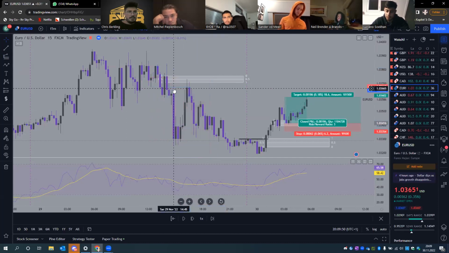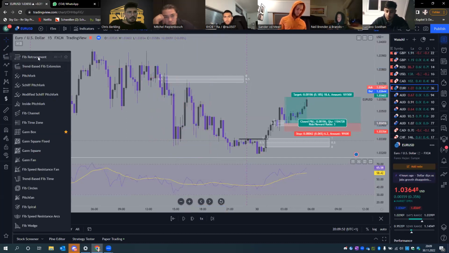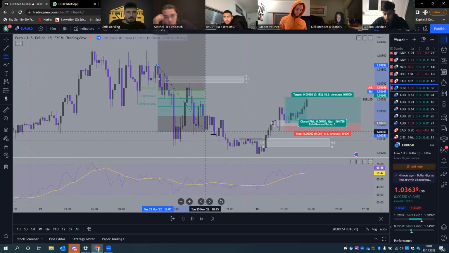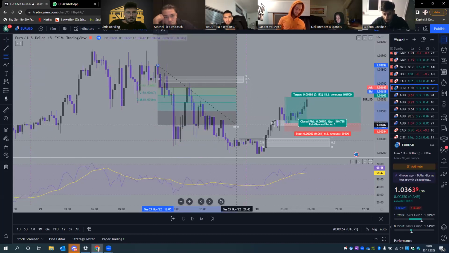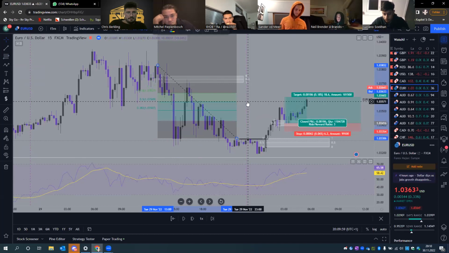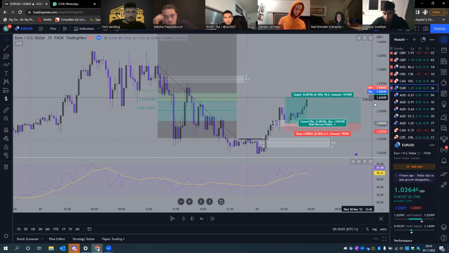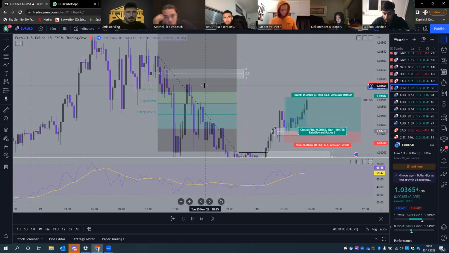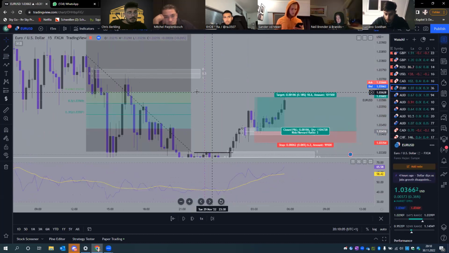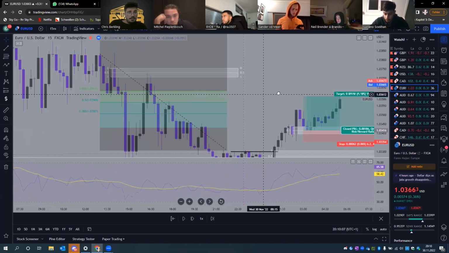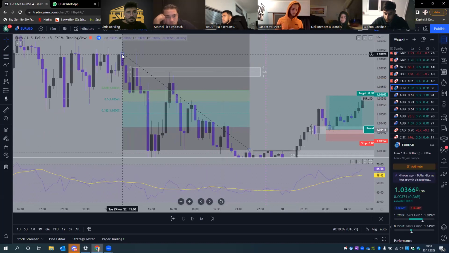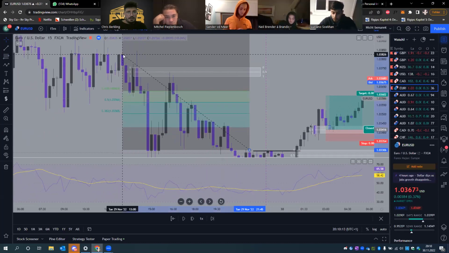I never really use it too much, and in this example it doesn't really work too well. It overextended a lot. I don't have all the levels zoomed in. This should be the 70 level out of that whole swing. From that, it's even worse because it's almost a 100% correction.